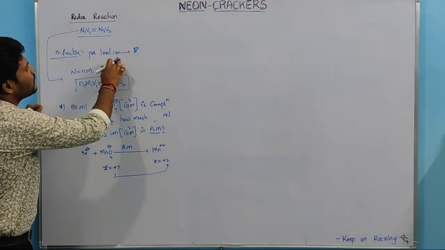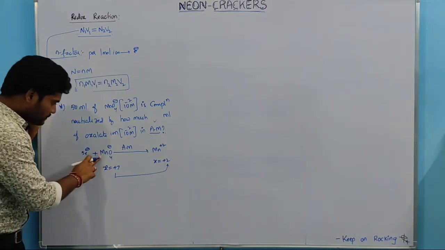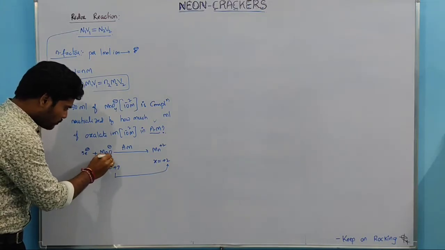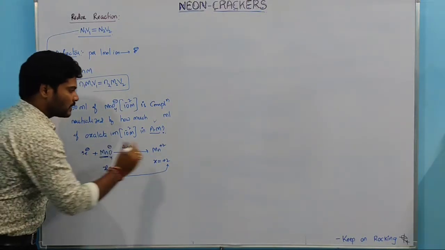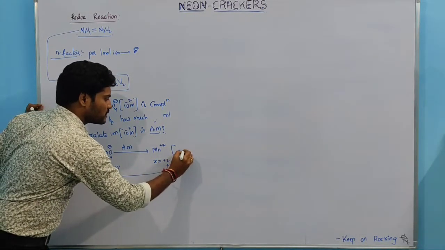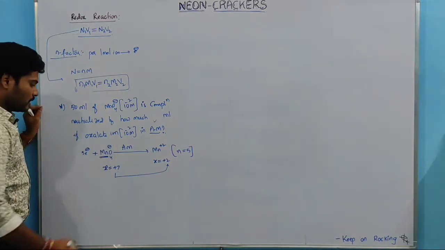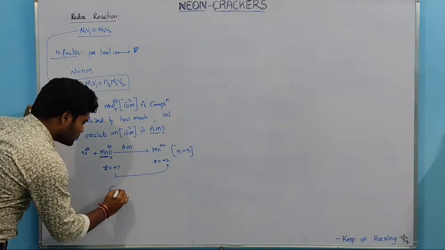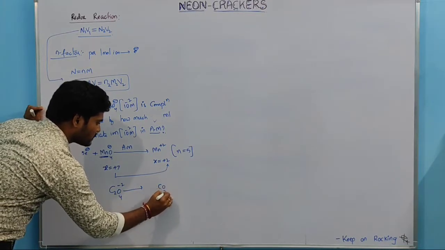Okay, so what is the N factor? Per 1 mole of ion, the total number of electrons to be transferred. So 1 mole of permanganate ion, total number of electrons, how many? 5 electrons. That's why for this reaction, the N factor is 5. Next one, oxalate ion C2O4 2-, converts to what? Carbon dioxide.